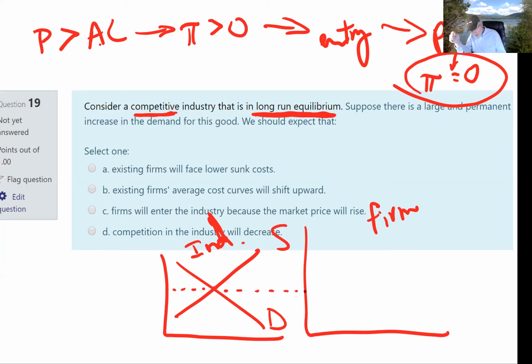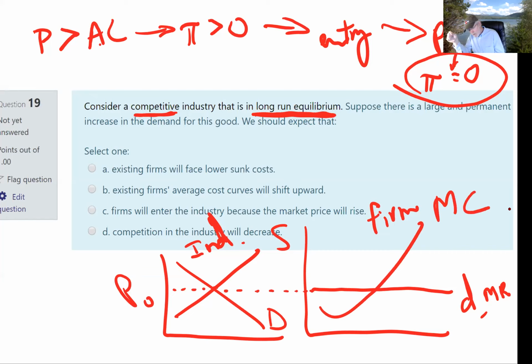Each firm says, I can sell as much as I want, as long as I charge the equilibrium price. Okay? And each firm says, my marginal revenue is just equal to that price. Okay? Each firm is going to have a marginal cost curve that's going to look like that. Each individual firm is going to choose the quantity that will give it maximum profit, and that's going to be right here. Let's call that Q star.